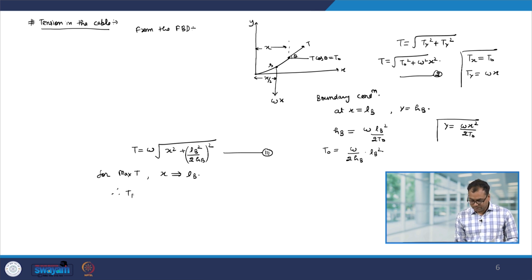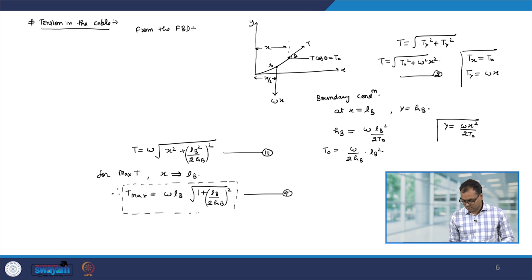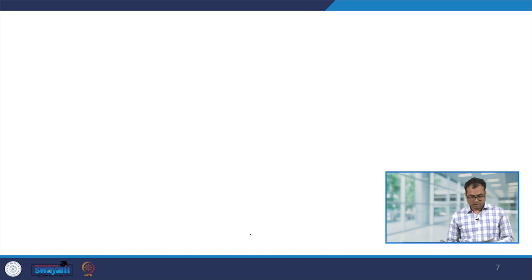So, therefore, T max will be W times LB times square root of 1 plus LB over 2 HB whole square. Let us call it equation number 4. So, this will be the maximum tension in the cable.